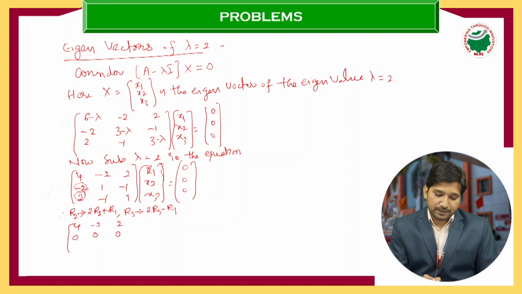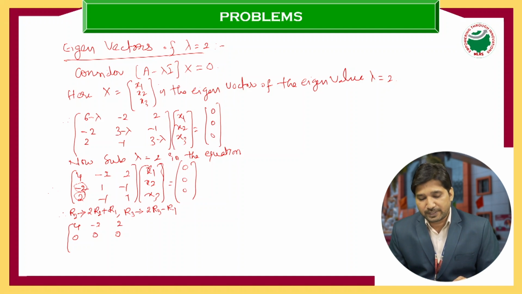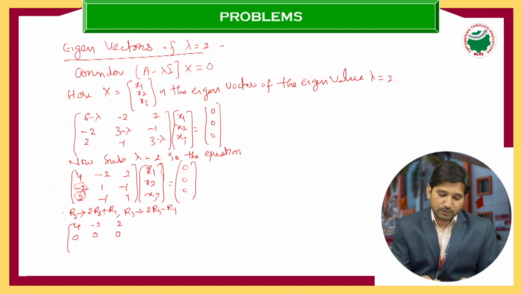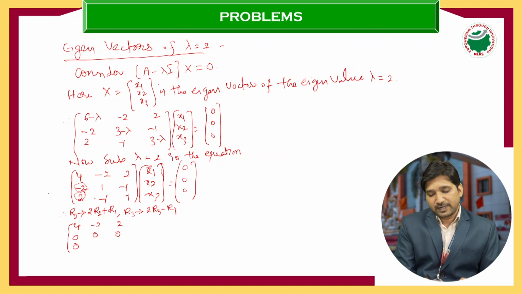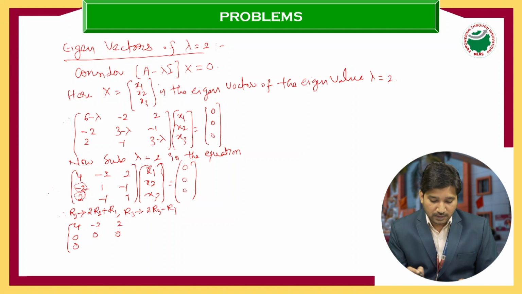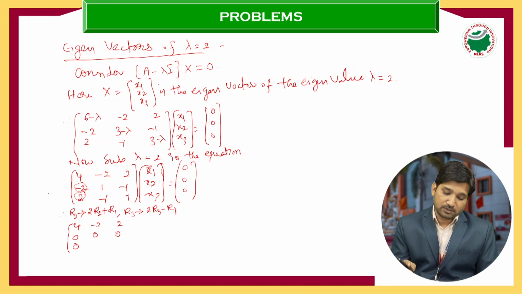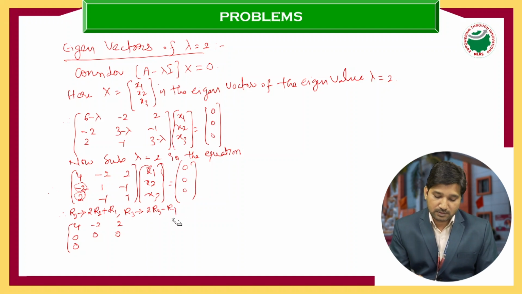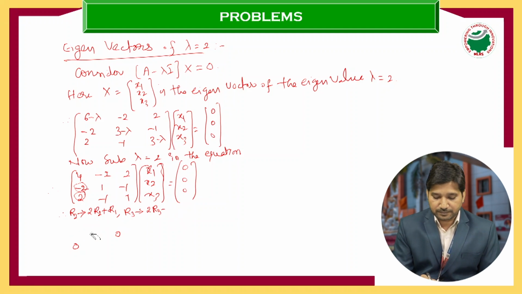Okay, in the third row, multiplying the third row by 2 and subtracting row 1. Multiplying by 2, 2 to 2, 2, 4, 4 minus 4, 0. Oh, sorry, no problem.